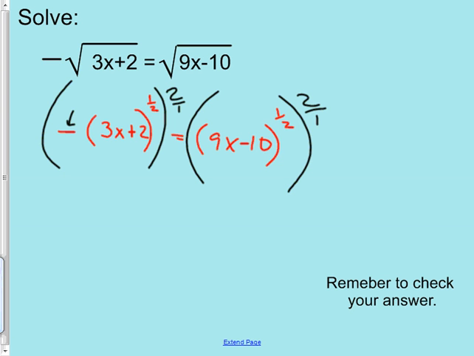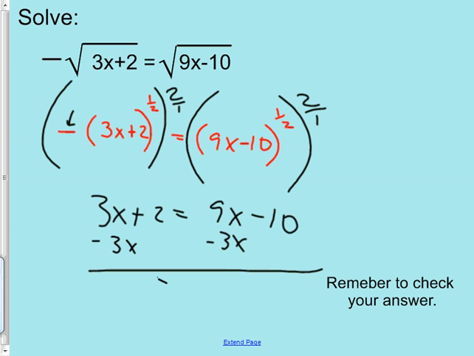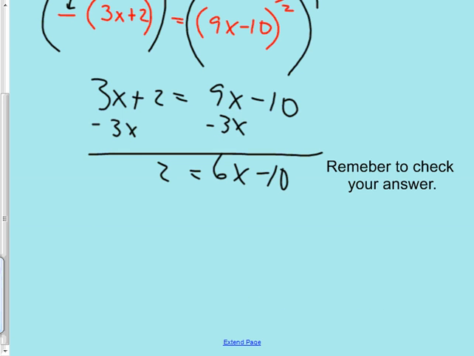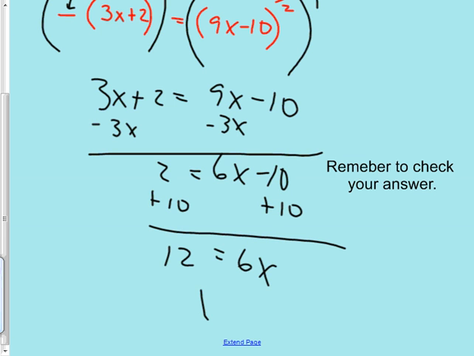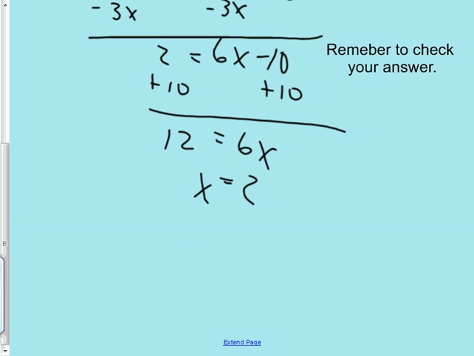So then 3x plus 2 is equal to 9x minus 10. And from there, I just got variables on both sides, so get rid of the smaller one. Kind of a cruel world out there. They always take out the smaller one. What if you're small? Then you can hide. 12 equals 6x, x equals 2. Done. All right. Except the problem is, it doesn't work.